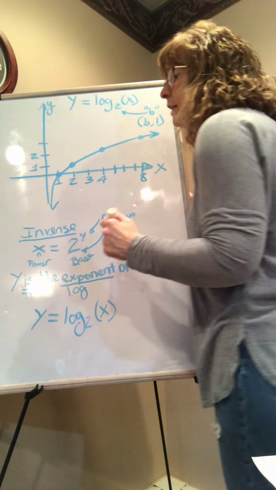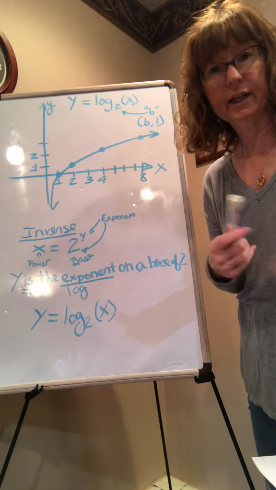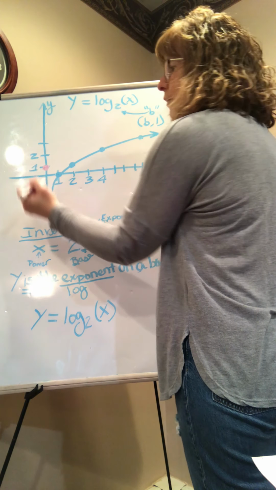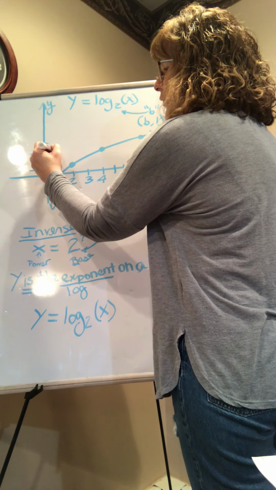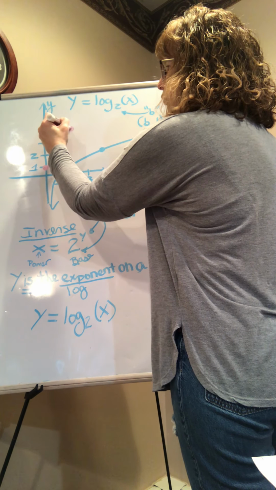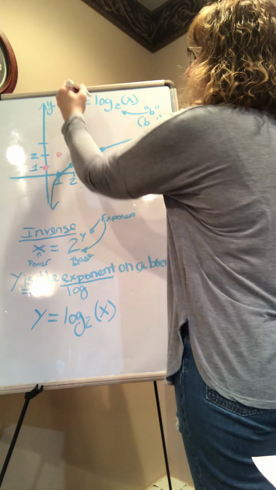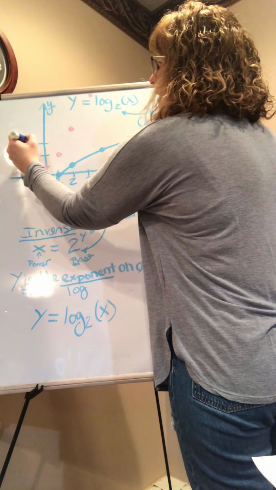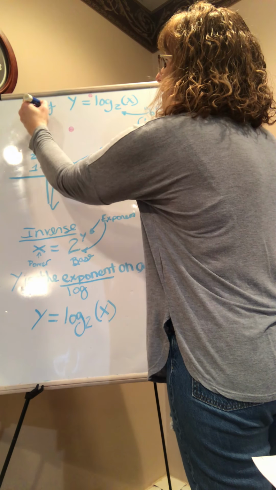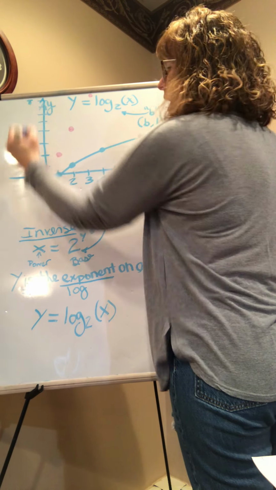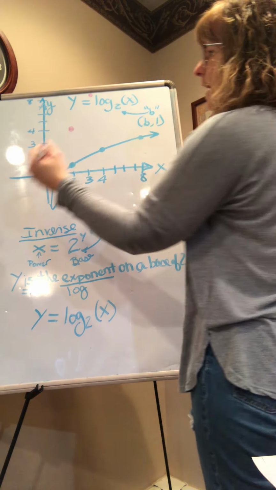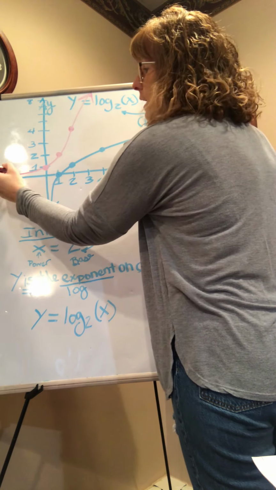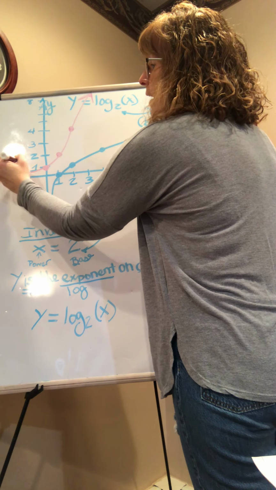Now, on the exponent graph, which I actually should put on here just for this next part, again, you went through 0, 1, you went through 1, 2, you went through 2, 4, so I got to put 4 on there, and you went through 3, 8, which would be all the way up here. So let me put on my 3 and my 4, 5, 6, 7, and there's 8 all the way up there. So now here's the 2 to the x, and we just have to talk about the asymptote again, because I know you guys probably have not been thinking about that either.